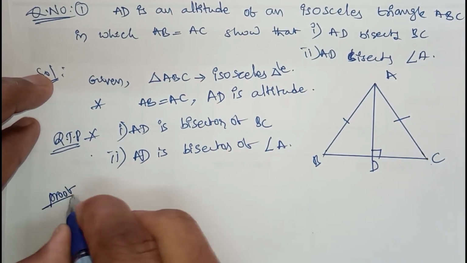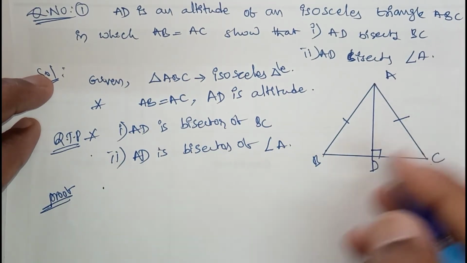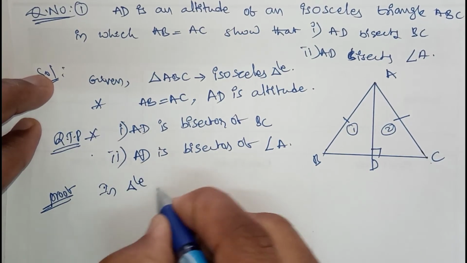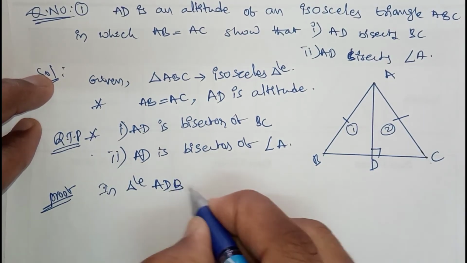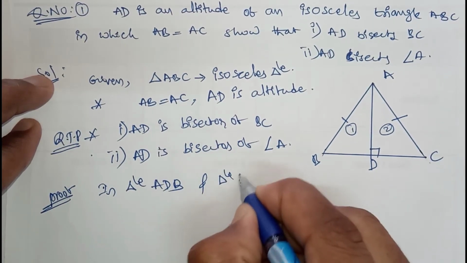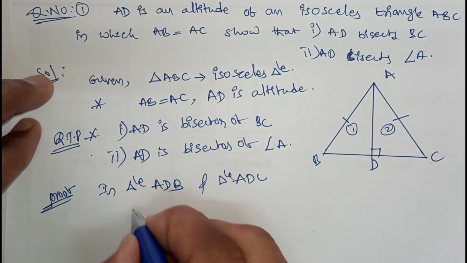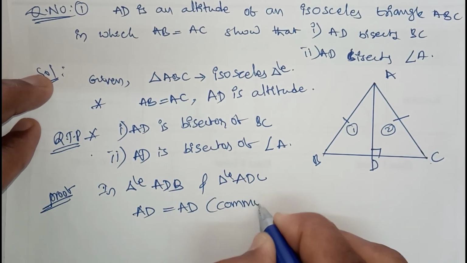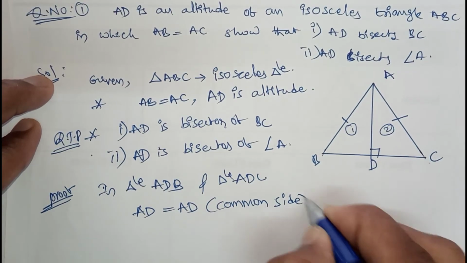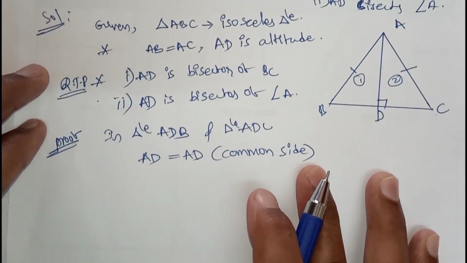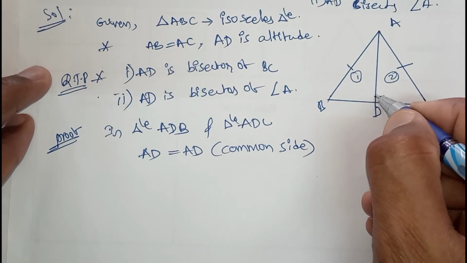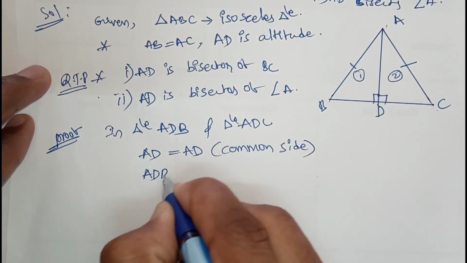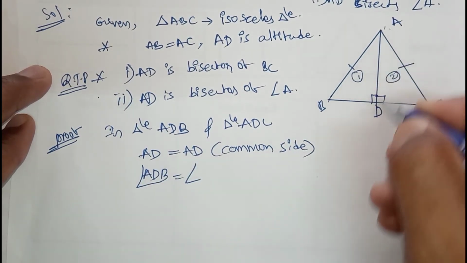Proof. In this triangle, this is one triangle, this is one more triangle. In triangle ADB and triangle ADC we can observe AD is a common side of the two triangles, and angle ADB is equal to angle ADC.